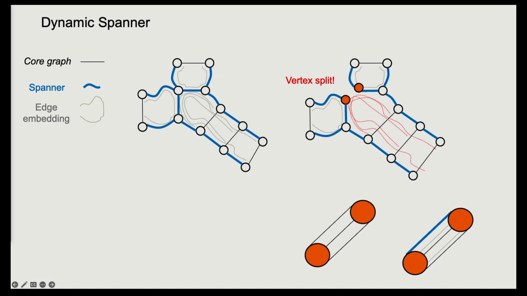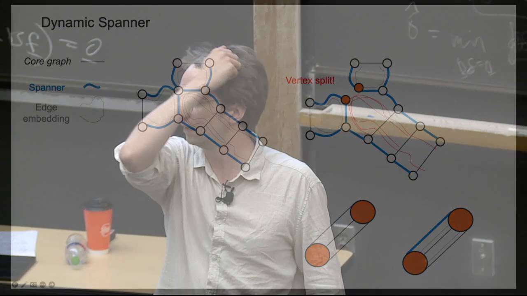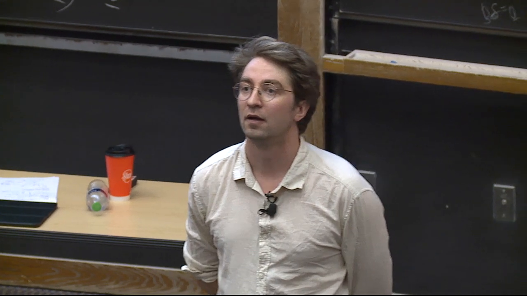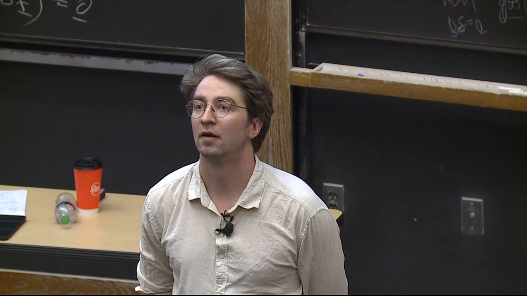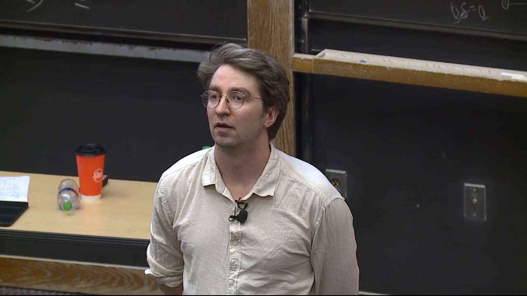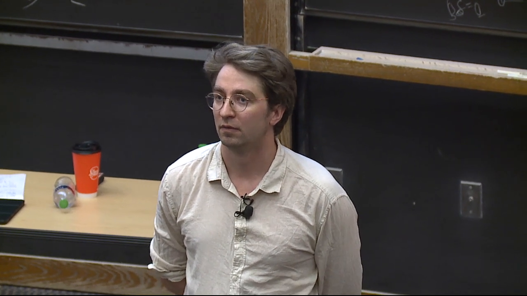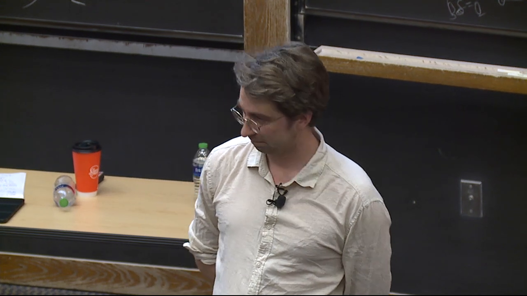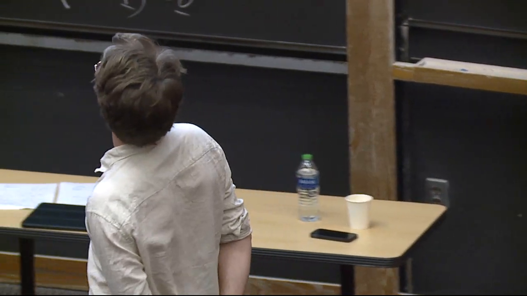Now the question is, I have this spanner. Question? The whole point of a spanner is to not take care of all the edges in the graph. But once we have vertex splits, how do we know what edges or what embedding paths are there so that we can move them and construct this vertex split graph, the orange graph?